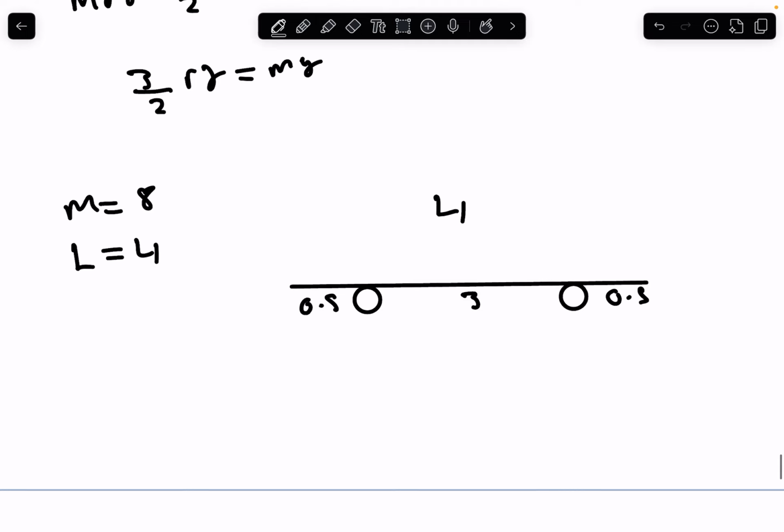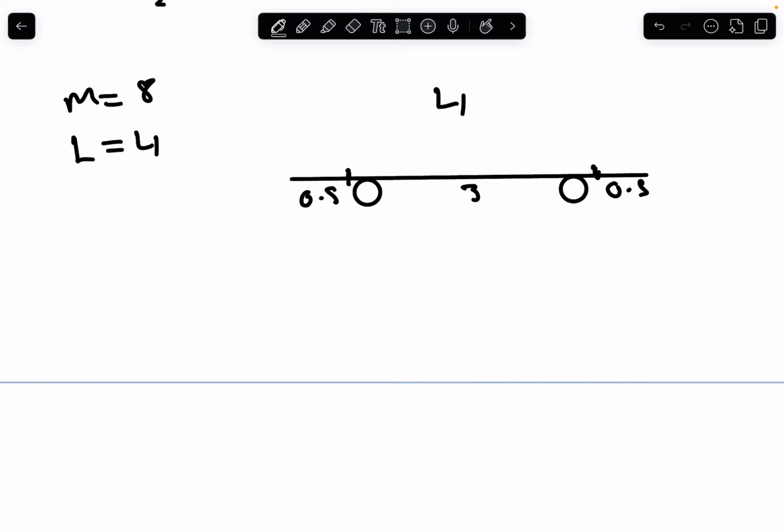Intuitively, you'd know that it won't start to tip until he reaches the support, either here or here, based on which direction he's walking. Even if he's here, it will never tip. Until he reaches here, it will start to tip.